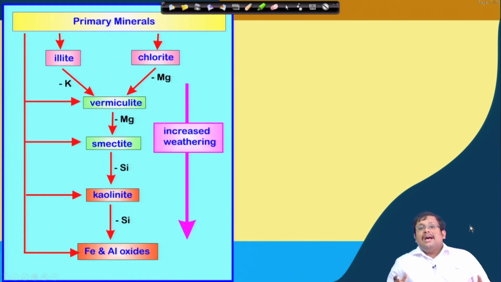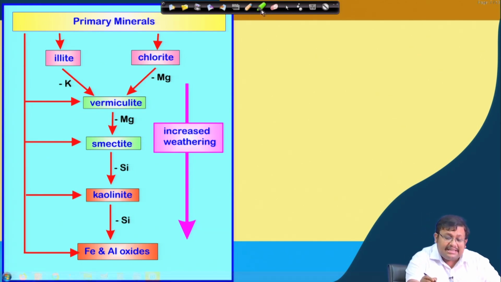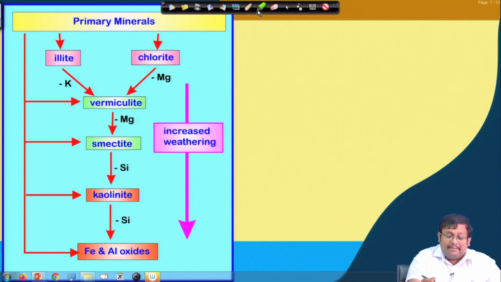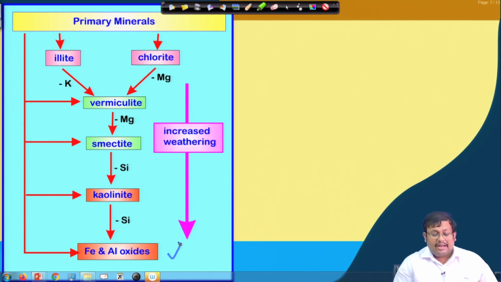Now, to see how these clay minerals develop or convert from one type to another, we have to look at this diagram. This diagram shows how the primary mineral ultimately goes to iron and aluminum oxide, which is the highest form of degradation, the highest chemical weathering product.